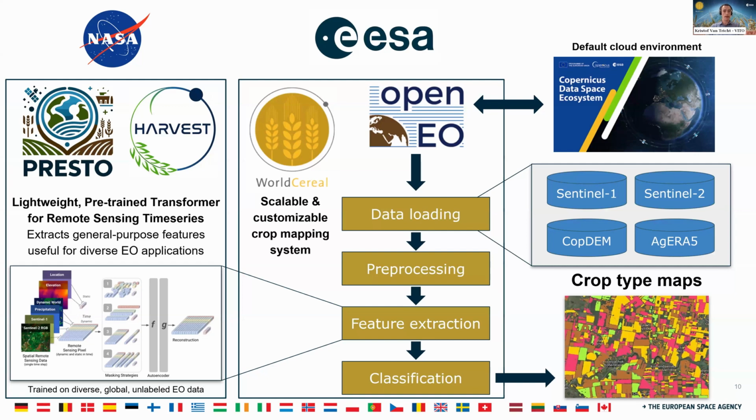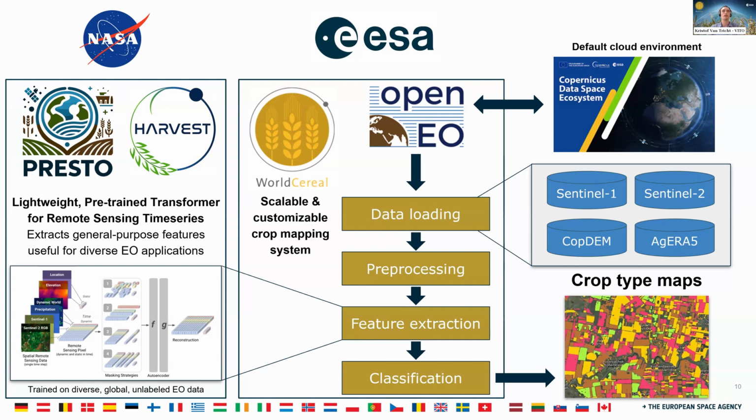With that as the backbone, we built this system, which is actually a super nice showcase of the collaboration between, on the one hand, NASA through the NASA Harvest and how they have been building Presto and have been improving it. And on the other hand, ESA that has been funding the WorldCereal project to really bring things into operation.